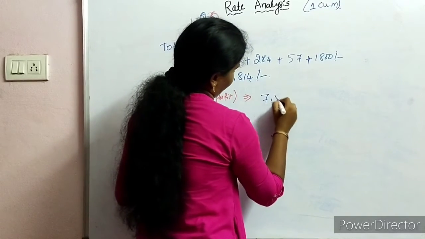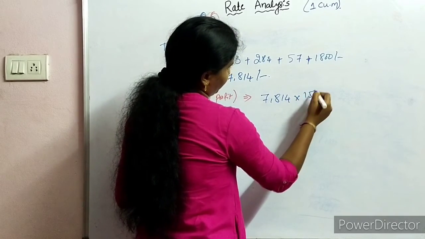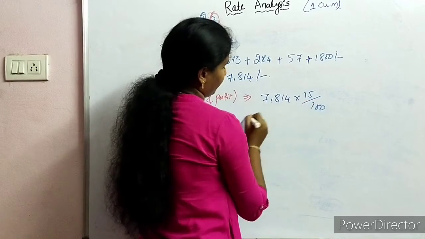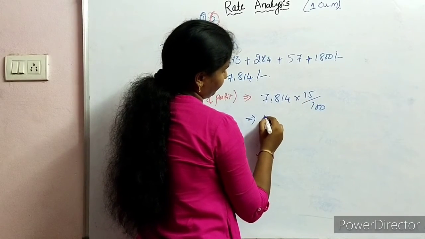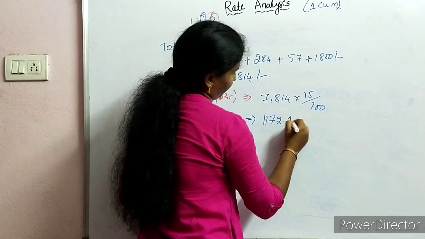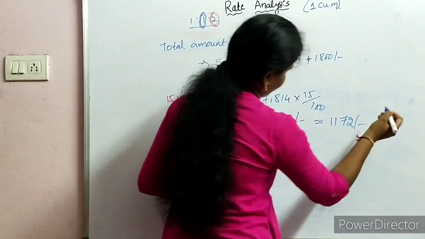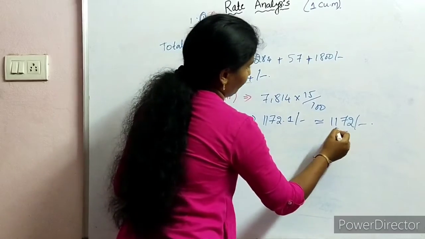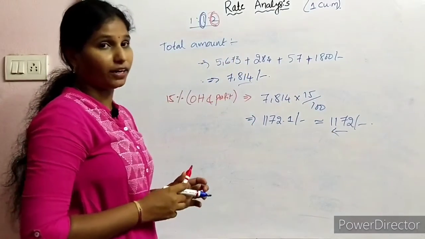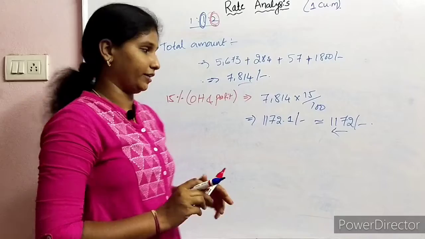That is 7,814 into 15%, that is 15 by 100. Here we will get 1,172.1. We take it as 1,172 rupees. Adding these two, we will get the total amount required for 1 cubic meter of concrete.